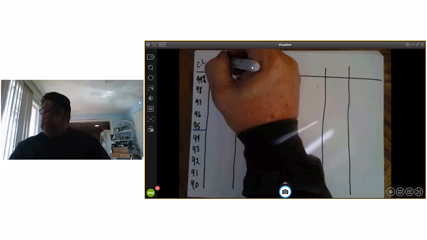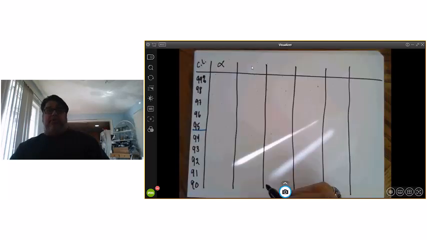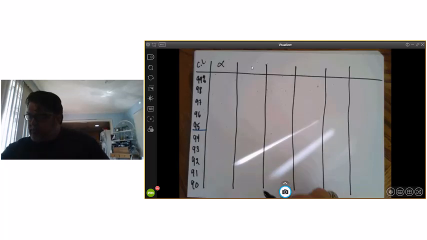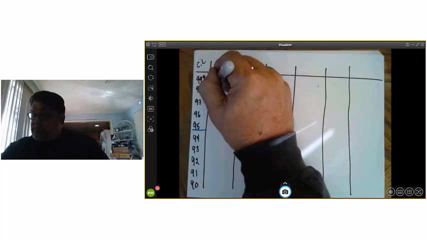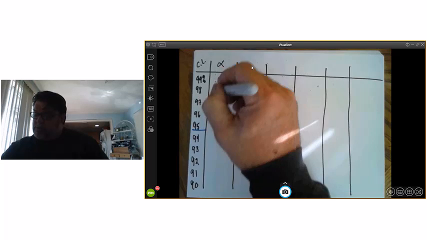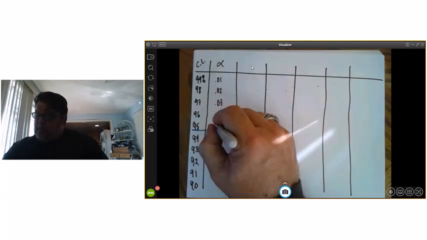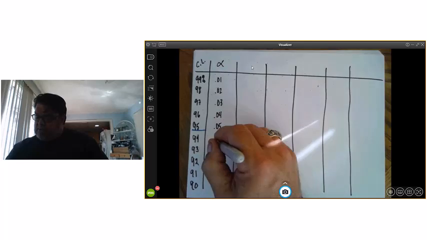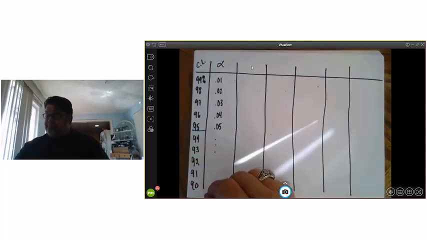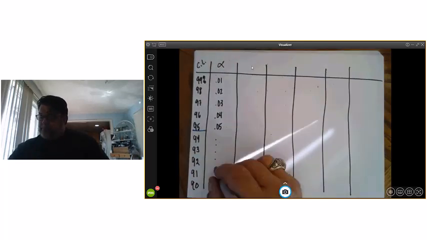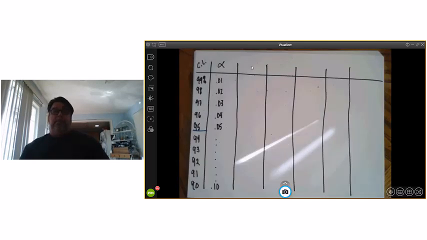Alpha is your confidence level from 1. Okay? So that's going to be 0.01, 0.02, 0.03, 0.04, 0.05, up to 0.10. And then you're going to put alpha over 2.